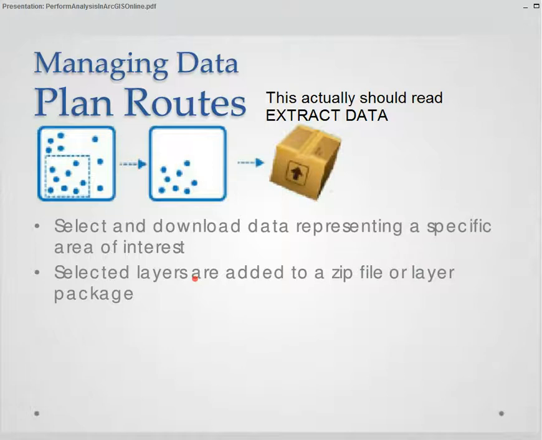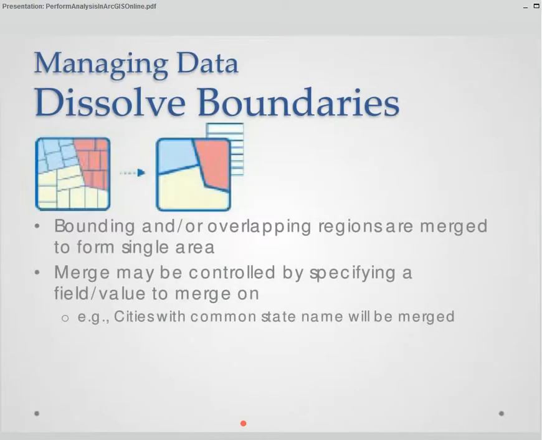Once you get that added to a map document, you can export that to a shapefile, and then you have a lot more freedom with it. In fact, the cities layer came in as a layer package from the AZGeo data port.